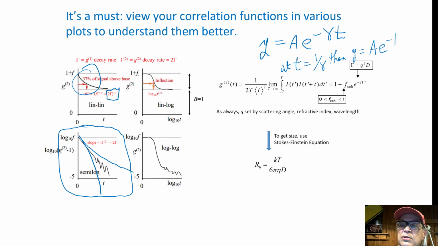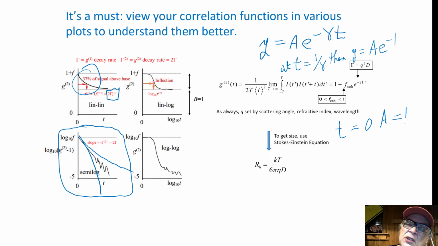A is the amplitude of the exponential decay. So what that tells you is that if you can locate the x-axis value, time, where the signal has decayed to 1 over e of its initial value, you have found 1 over gamma.